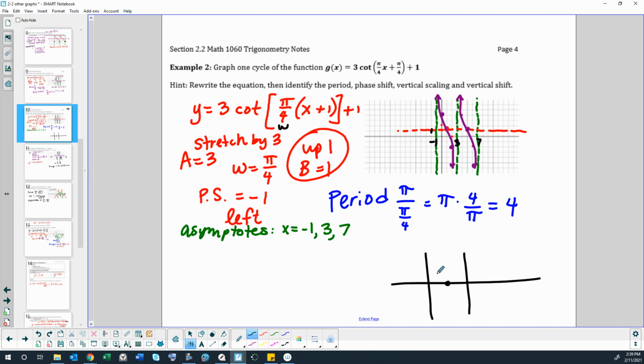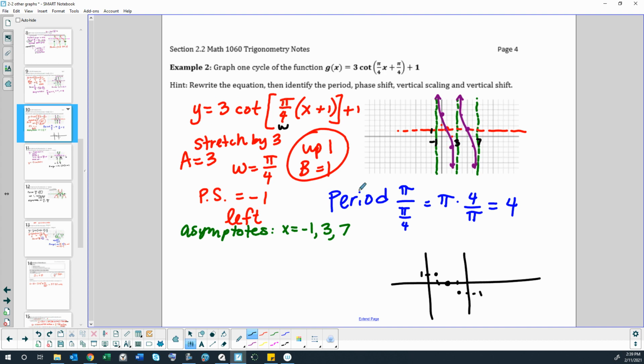Then this point at the intercept, there would be a point here at 1, and then halfway between the intercept and the asymptote, like that's the quarter mark, right? And then here we would have another point between the asymptote and the intercept at -1.